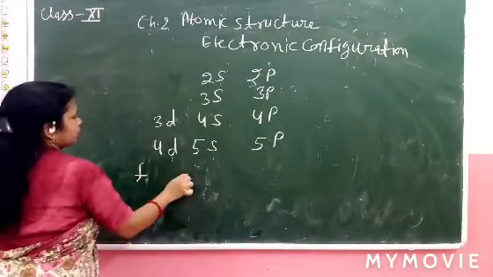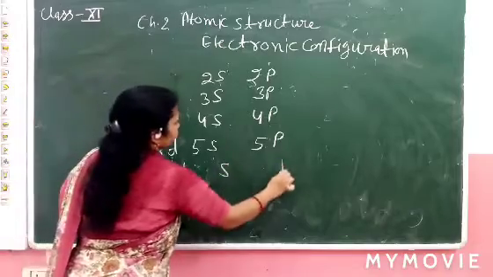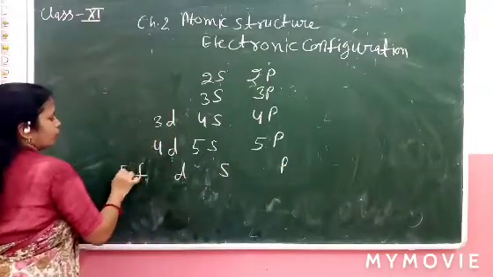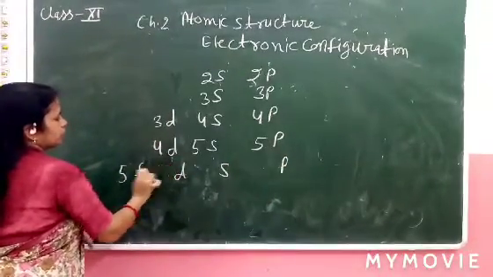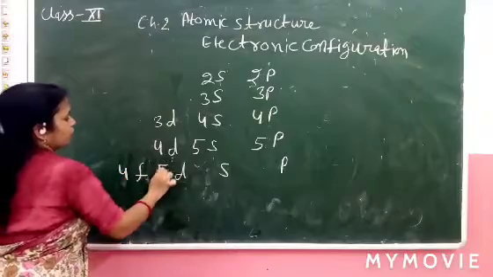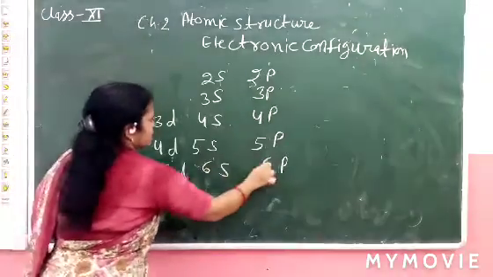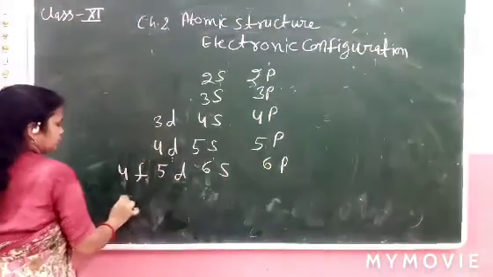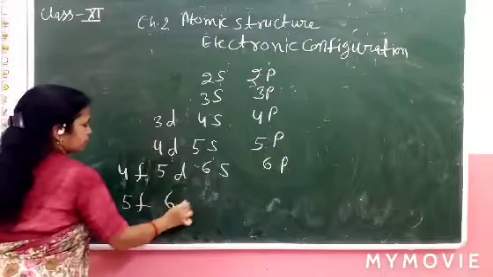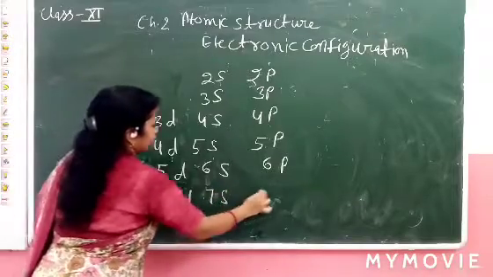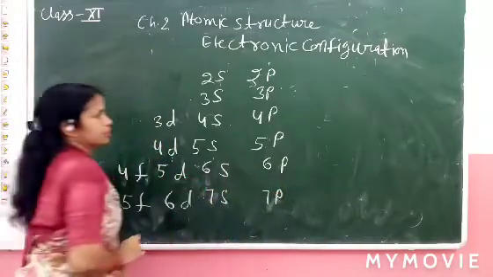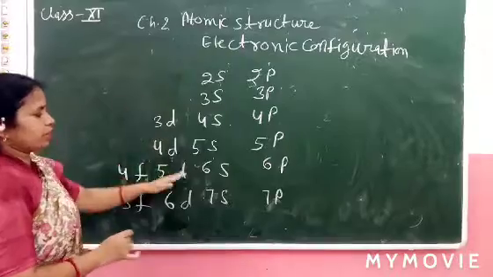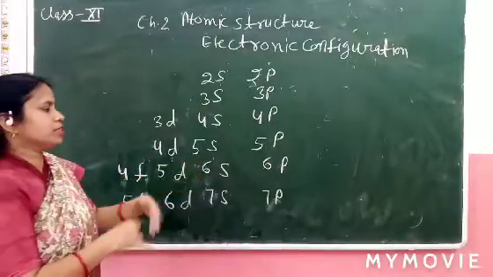Next f, d, s, t. 5, 4, 5, 6, 6. Now 6, 7 and 7, like this. Okay, this is the table for how to fill the electrons in a subshell.